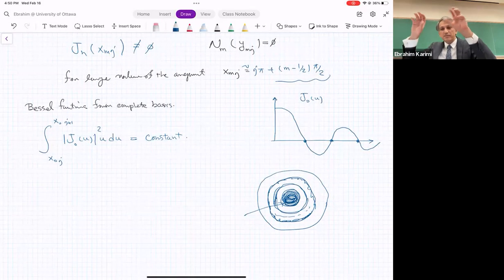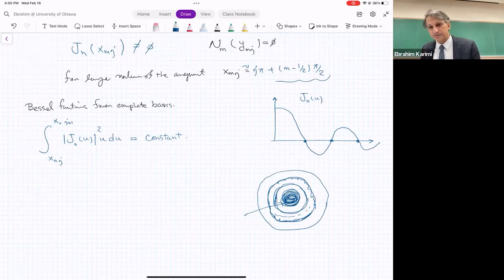Because you have many, many oscillations, and each of those oscillations is identical in terms of power, the sum of them will not necessarily be bounded, and it will be like a plane wave, and that will be an infinite value. All right, that's another important property that you have to take care of.